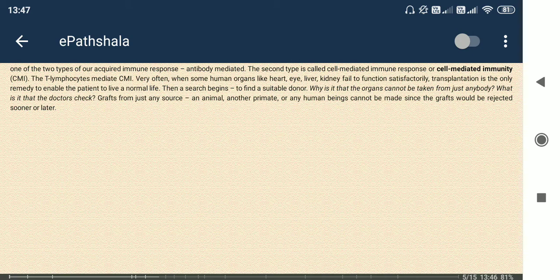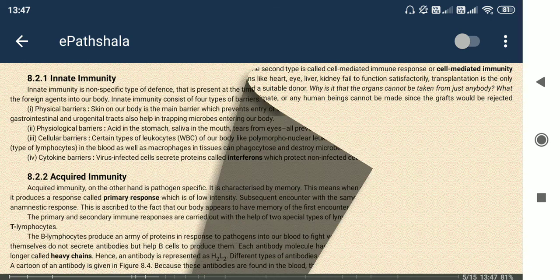Immunoglobulin D is related to mast cells. Mast cells are involved in some form of immune system. So that is done.